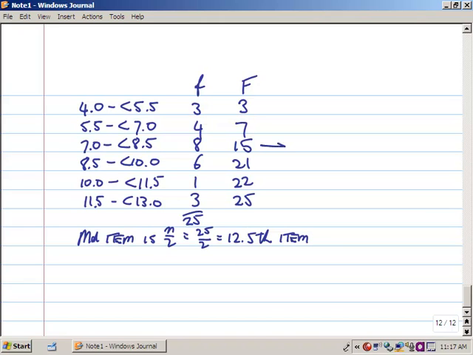So we've just bypassed 12.5. So the 12.5 item is here. So this is the median. That interval, 7 through less than 8.5, is the median class.